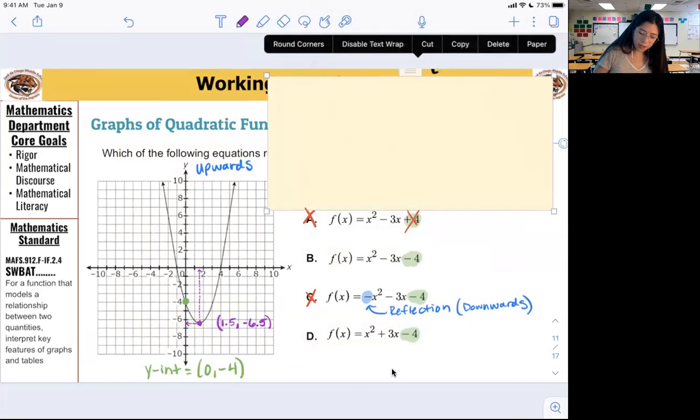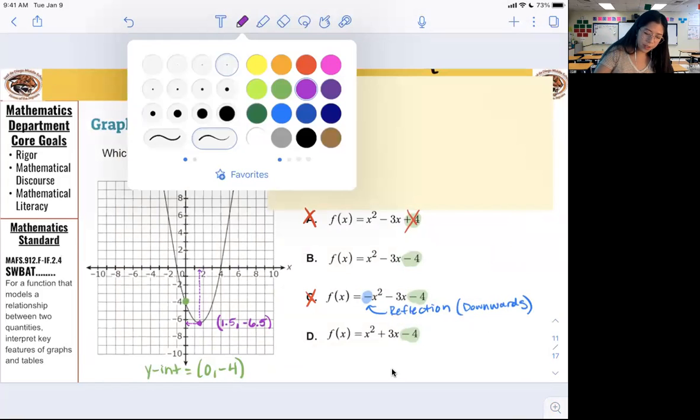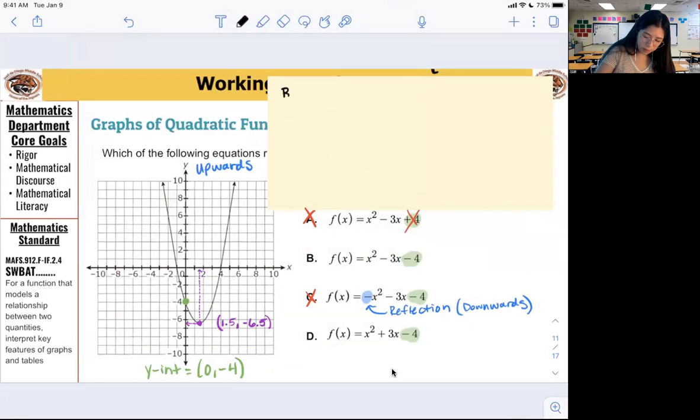All right. So let's check B first. So B is x squared minus 3x minus 4. All right, what is my vertex formula again?